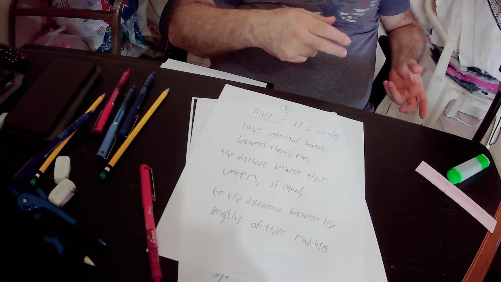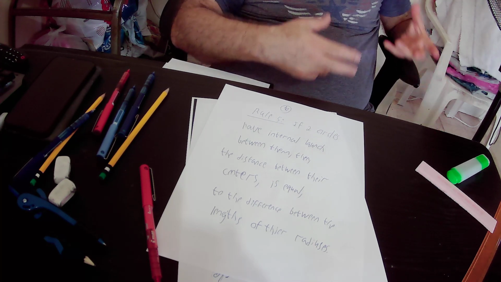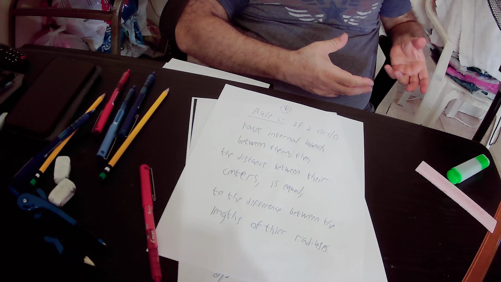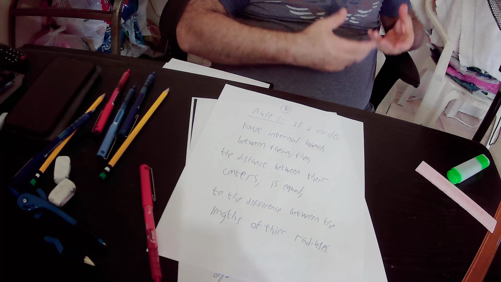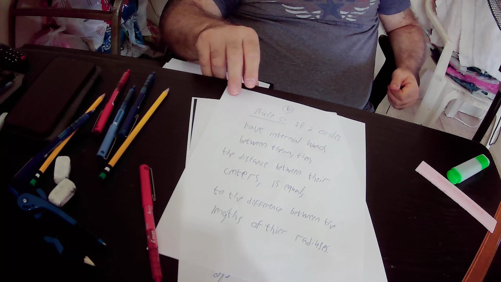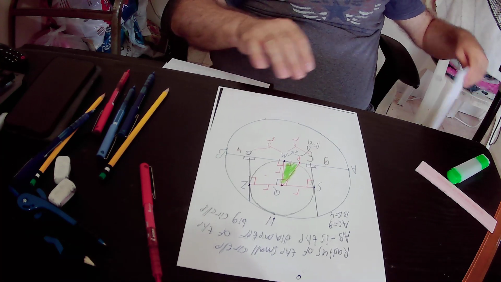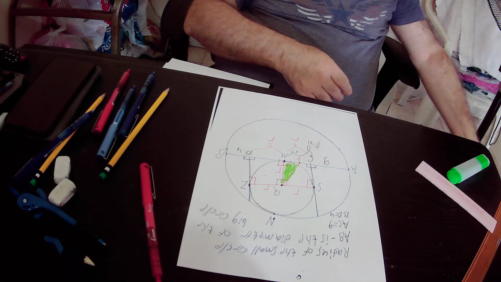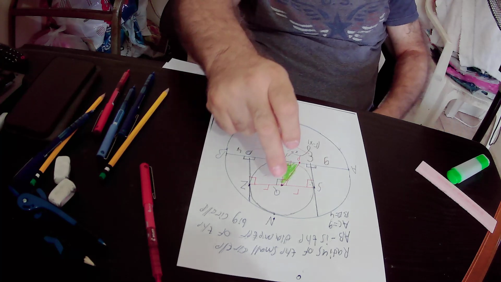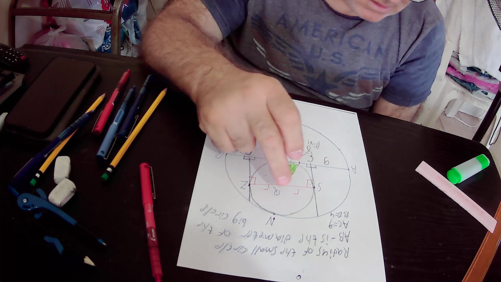So the distance between the centers of two circles with internal tangency is the difference between their radii. We implemented rule number 5 in our circle because we have internal tangency between those two circles at point N. They are touching each other at point N.